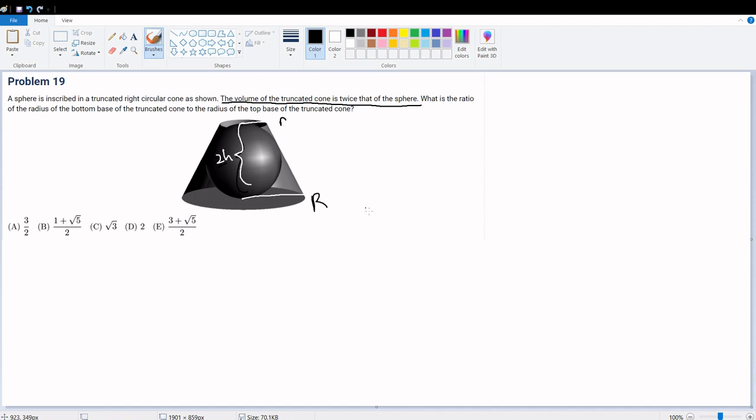So twice the volume of the sphere would be 2 times 4/3 pi h cubed, because h is the radius of the sphere. And then the volume of a truncated cone.